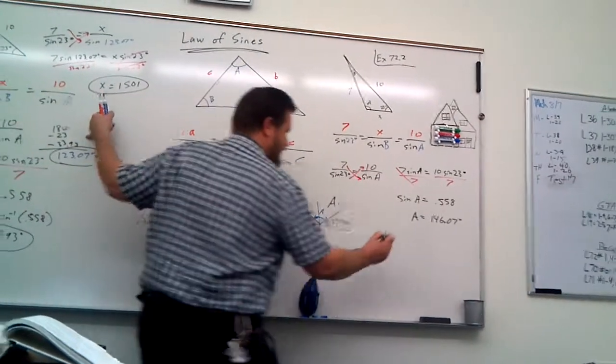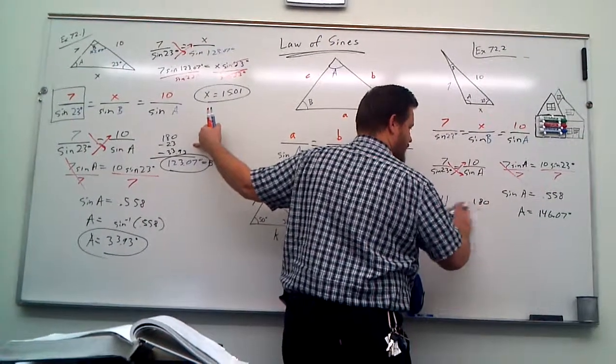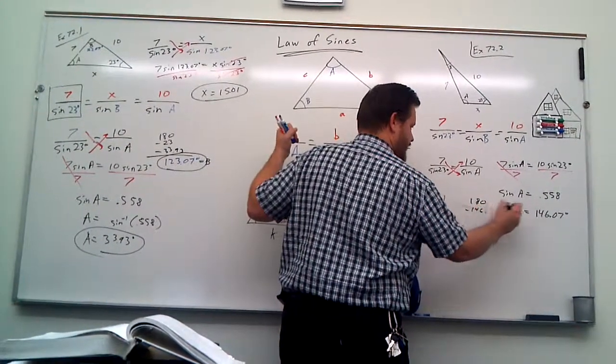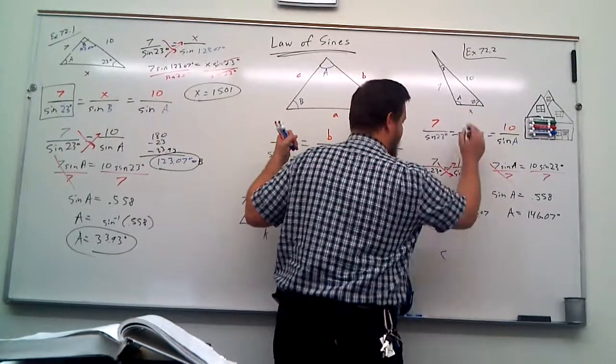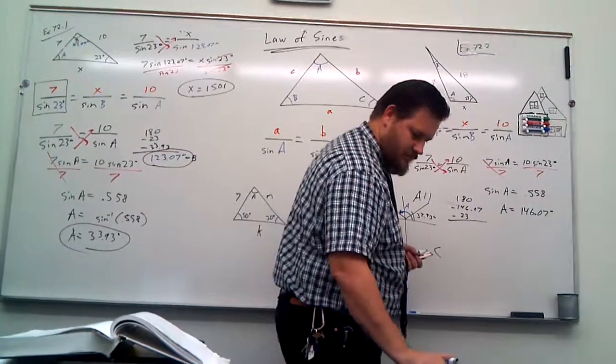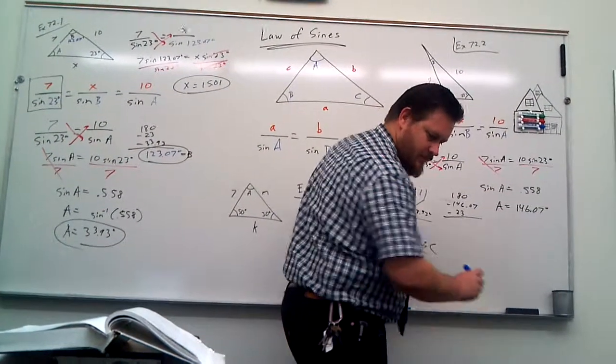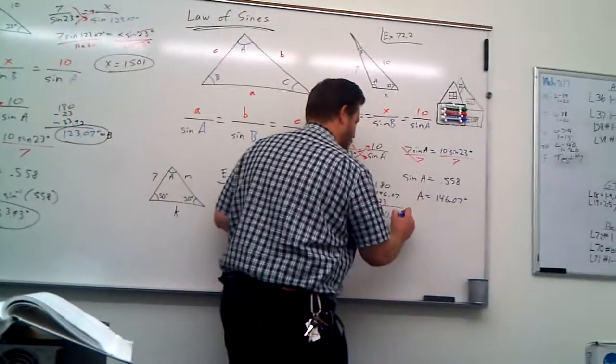This part right here, it's still a triangle, still has 180 degrees, except now we're subtracting 146.07 and subtracting 23, which leaves what? That's right, 10.93.